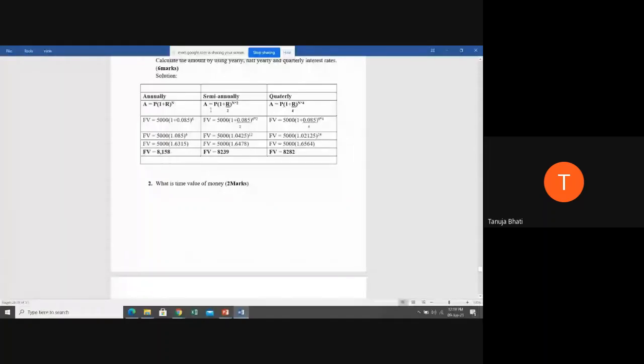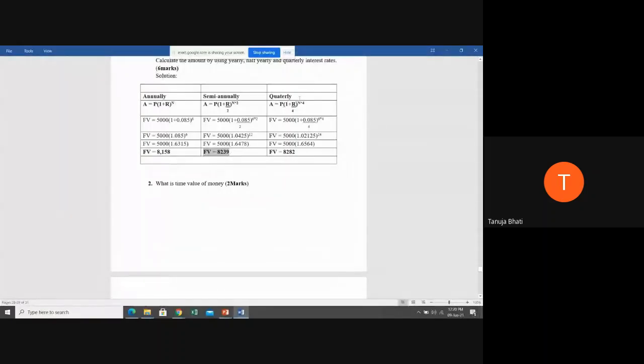Next is semi-annually. In semi-annually, what you need to do is divide R by 2 and multiply N by 2. So when you divide 8.5% by 2, you get 4.25, and 6 into 2 you get number of years as 12. You solve this using a scientific calculator or a simple calculator, and you get your future value as 8,239.